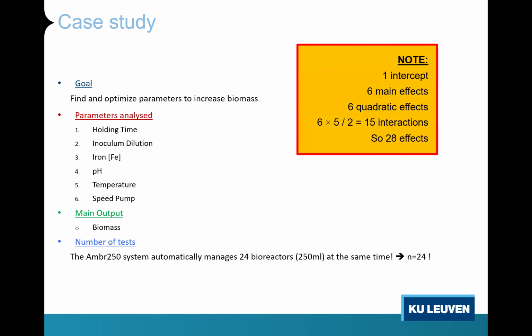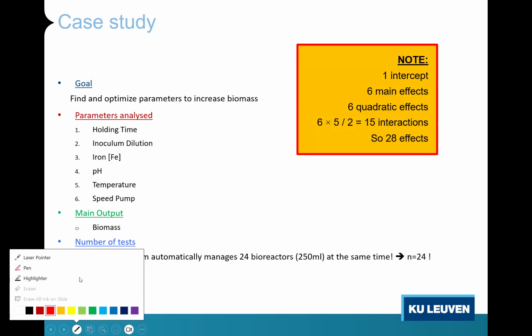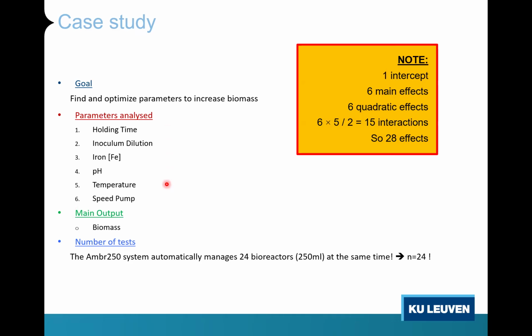In the slides that I brought today, it's about an OMARS design to study 6 input factors. You can see the names of the 6 input factors being listed here. So these are 6 quantitative input factors. The output was the amount of biomass that they produced.